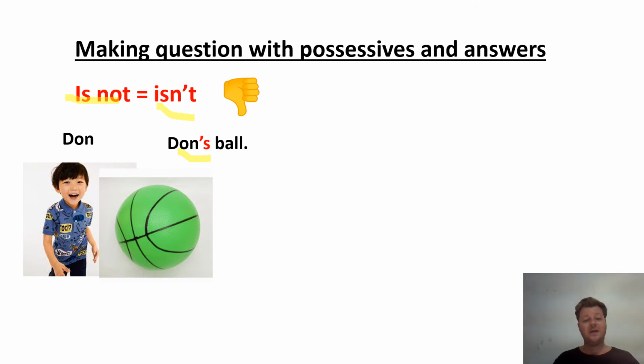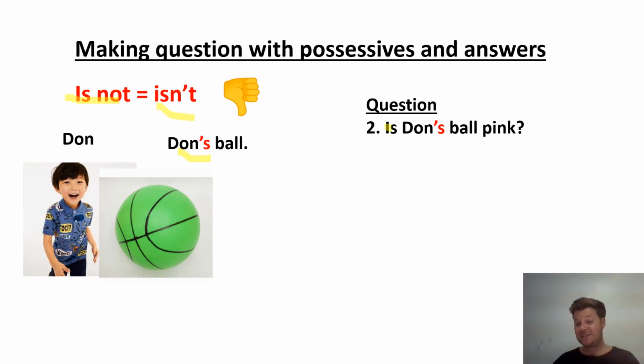Excellent, very good. Now let's make our question. We are using is again to start our question. So let's look at the words. We can see that we have Don, the boy. We can see the word ball. And we can see a color. So let's read. Is Don's ball pink? Is Don's ball pink?